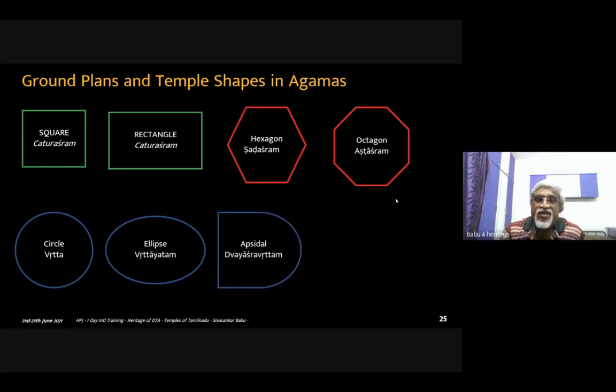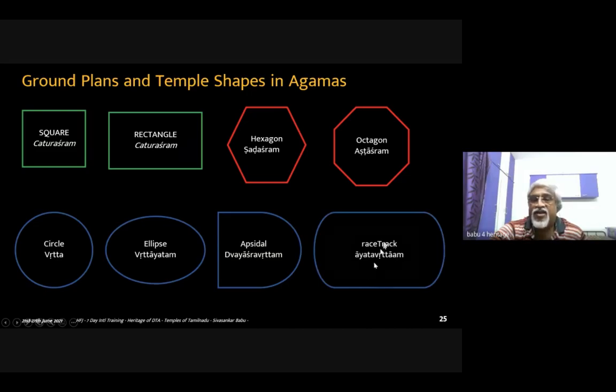The third one is our famous and very unique design in Dravida. That's the apsidal design. So basically it is one square plus a half circle.